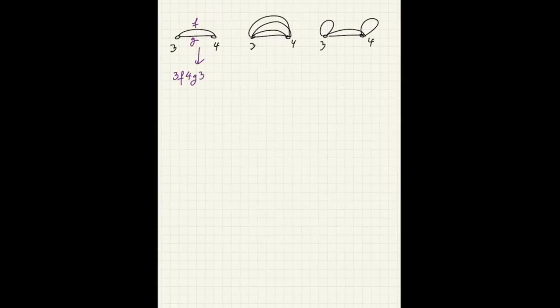And this is the same thing, if you permute it circularly, as 4G3, F4. But you can get another one, which is 3G4, F3, which is the same thing as 4F3, G4. So in this case, the number A is 2 for this multigraph.